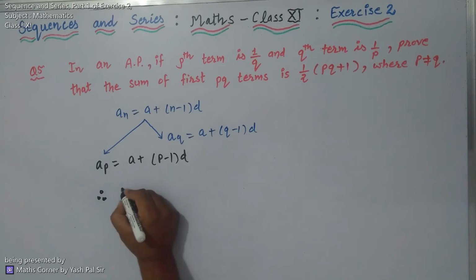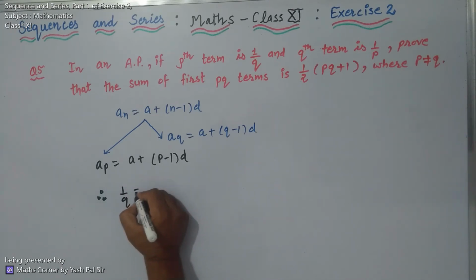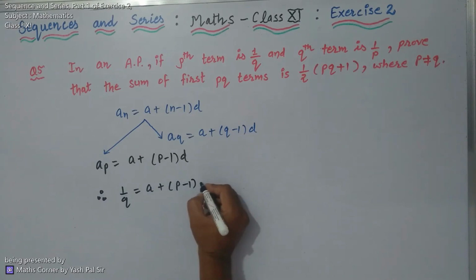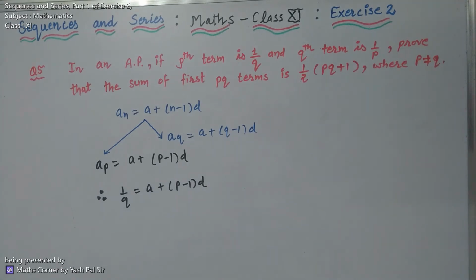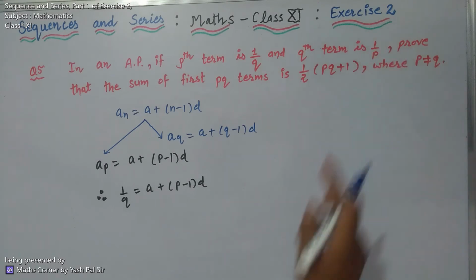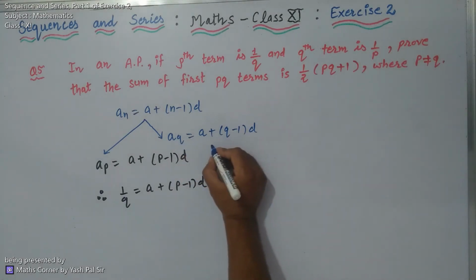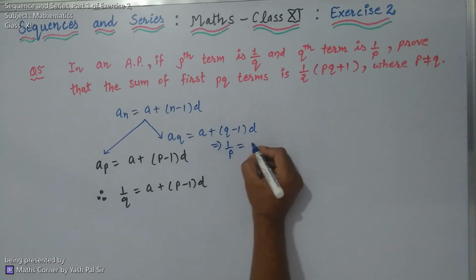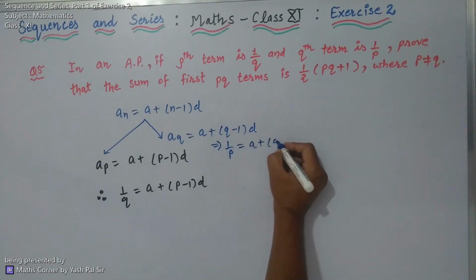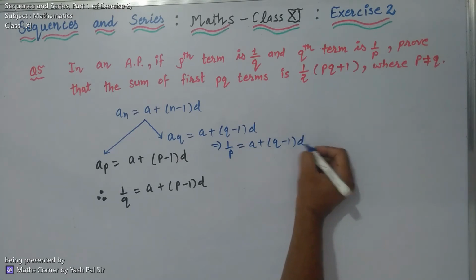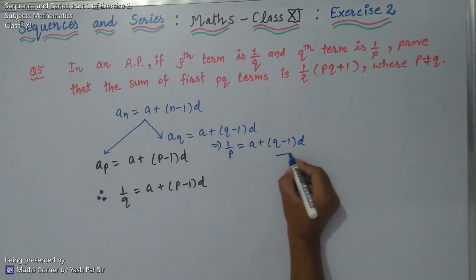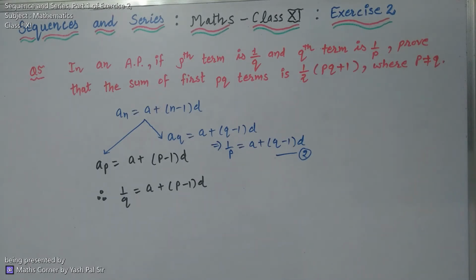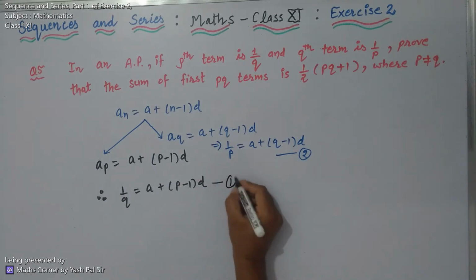We write 1 upon q is equal to a plus p minus 1 into d. Likewise, qth term is 1 upon p. So from here we write 1 upon p is equal to a plus q minus 1 into d. So this is number 2 and this is number 1.